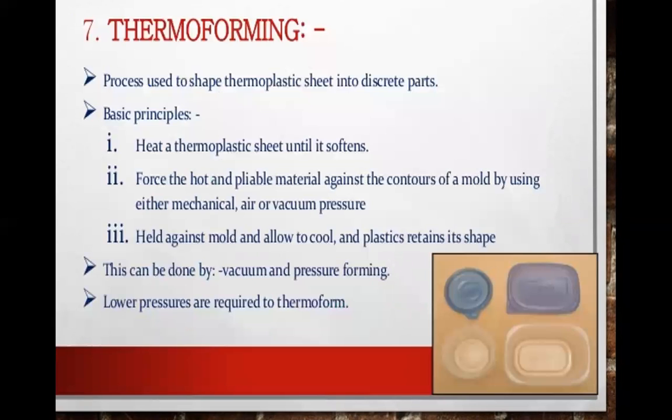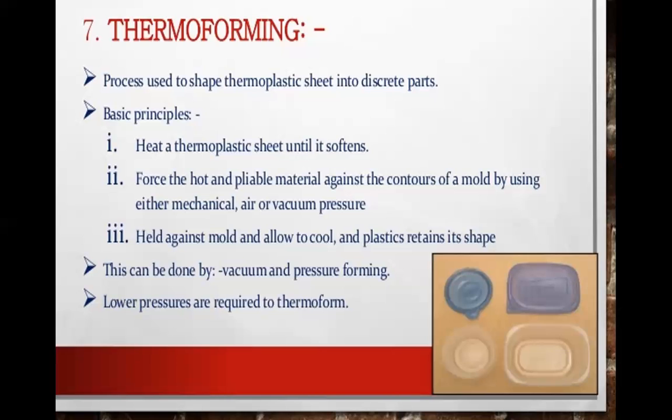After that, another method is called thermoforming. Thermo means temperature-controlled molding of the plastic. The basic principle of thermoforming is heating the thermoplastic sheet until it becomes soft, and then forcing the hot and pliable material against the contour of the mold using either mechanical or vacuum pressure.